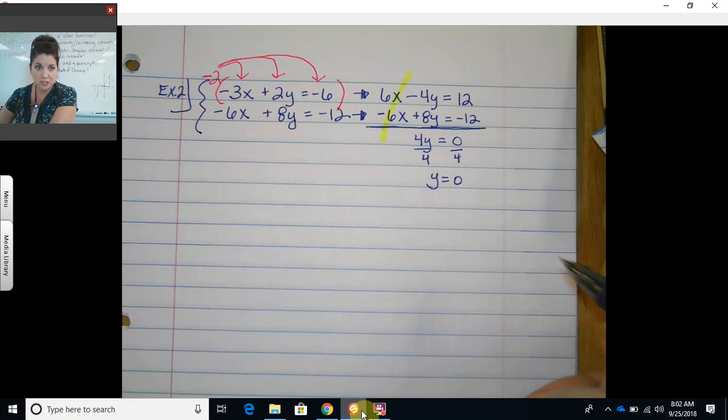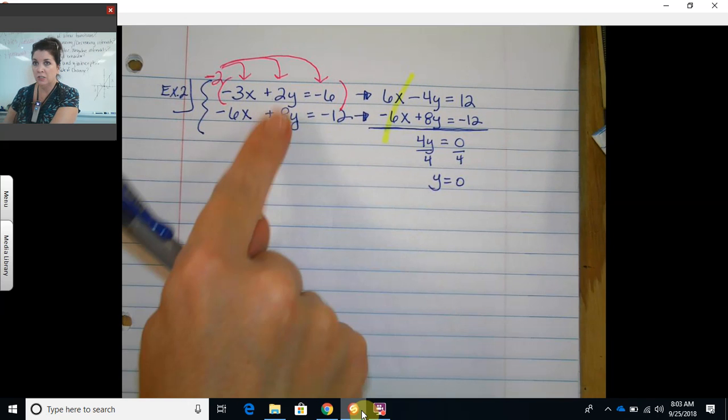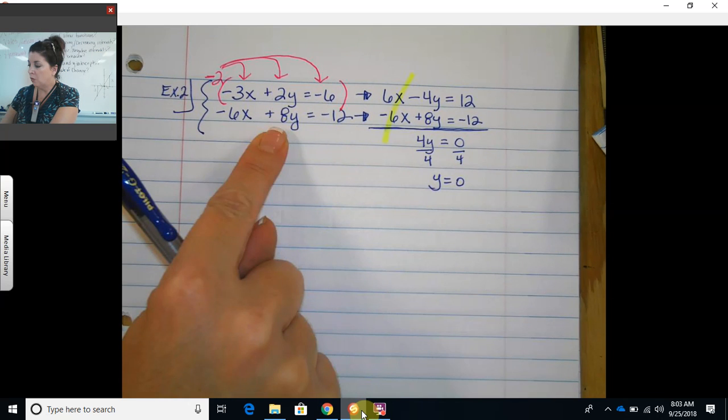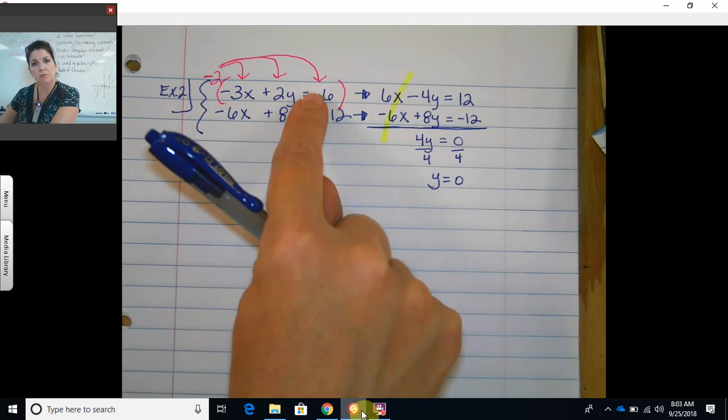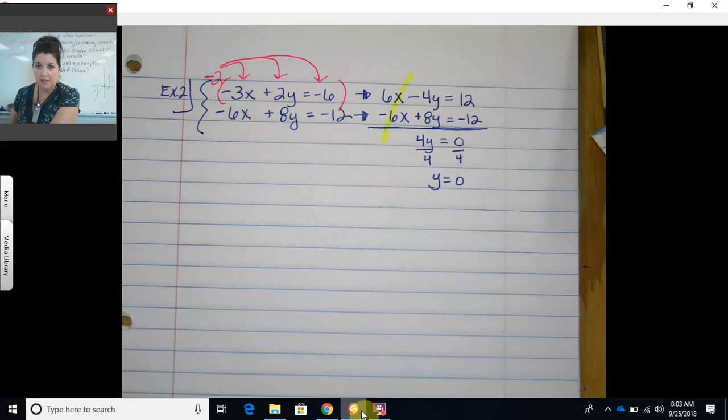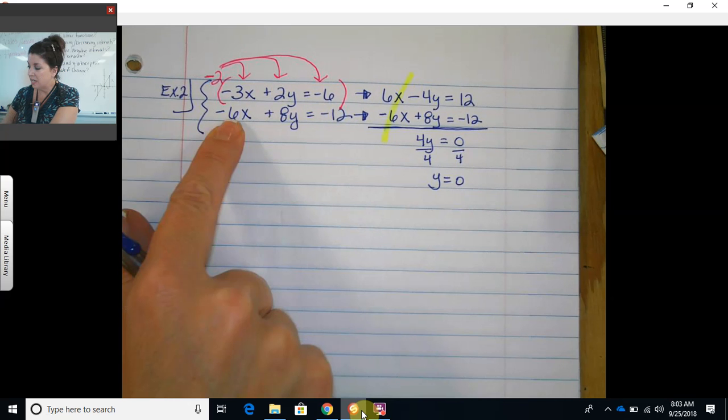Am I finished? I have to find the x. So either you use either original equation, or when I distributed that negative 2, these two mean the same thing. This is just kind of like a reduced version. So any equation you want to use is fine. All right, so I'll just use negative 6x plus 8y equals negative 12.